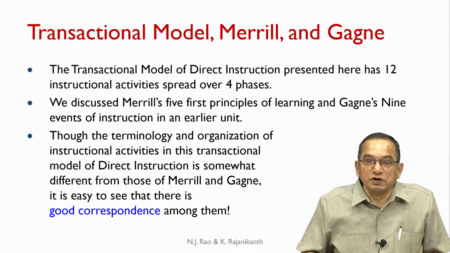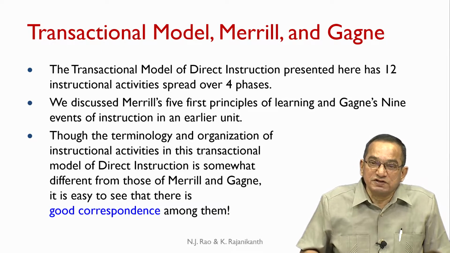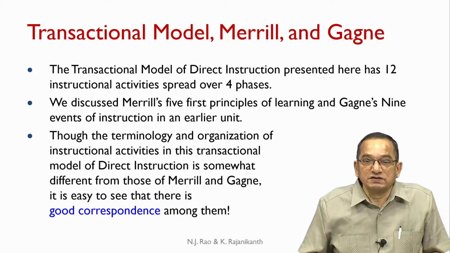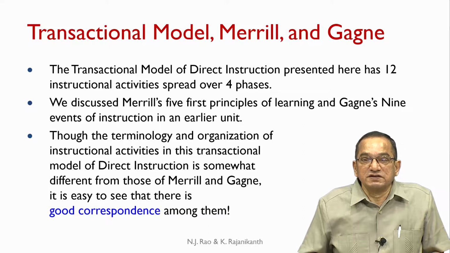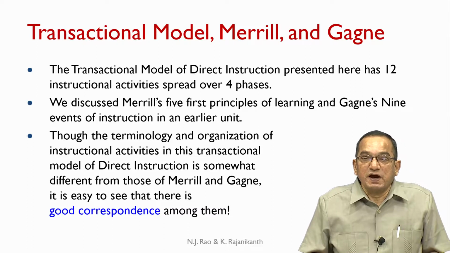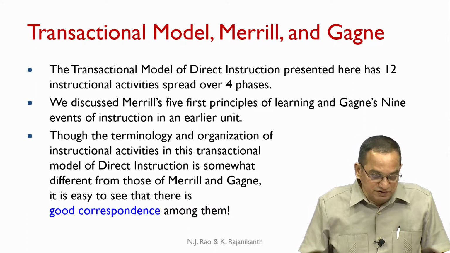The transactional model incorporates features from Merrill's first principles of learning as well as features from Gagne's 9 events of instruction. Thus, this is another instance of a direct model which makes use of Merrill's principles and Gagne's events of instruction.